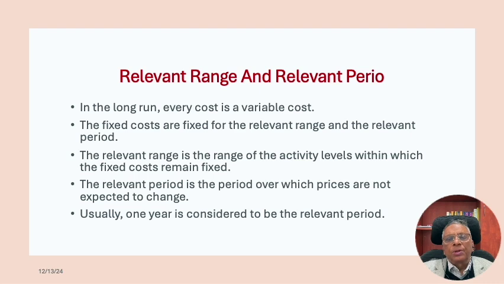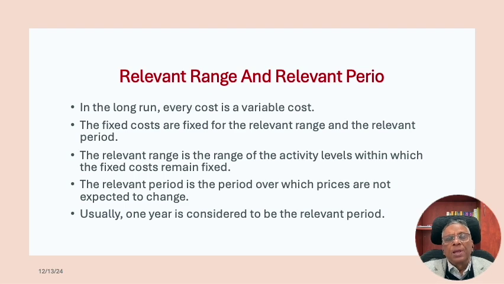Relevant period is important, because it is the period within which the price doesn't change. Price changes and the cost changes, because we know that cost is expressed in monetary terms, and therefore quantity might remain the same, but if the price changes, the fixed cost changes. Suppose there are 4 supervisors who are working now, and suddenly their compensation has been increased after a year, then we find that the cost of supervision has increased, whether the number of supervisors has increased or not.